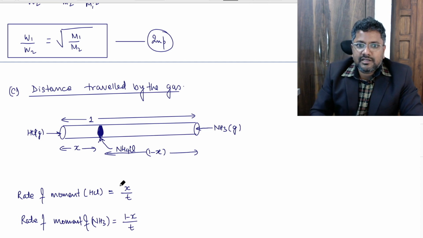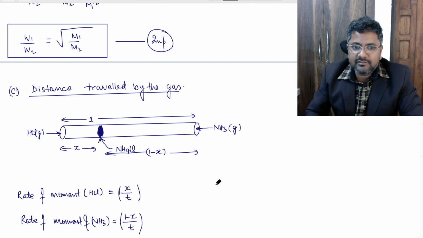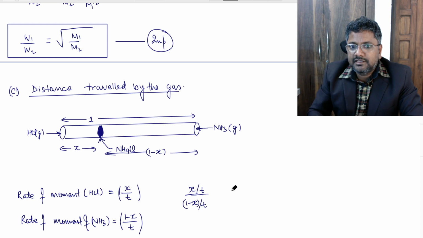So this you can compare with their molar masses or densities if given. So the distance traveled by HCl per unit time, x by t, over 1 minus x by t, is equal to the molar mass of ammonia by molar mass of HCl.